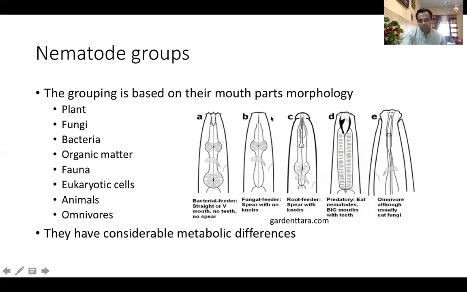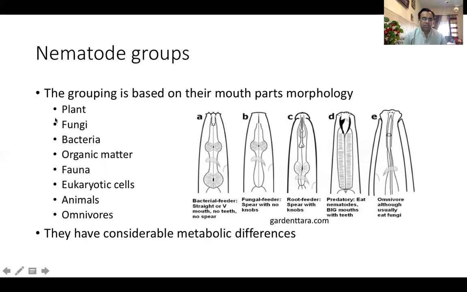You see their mouth parts are different, and also their anatomy is different. And then this is root feeder, or you can say plant eater, and then these are predatory, and then omnivores, and so on.